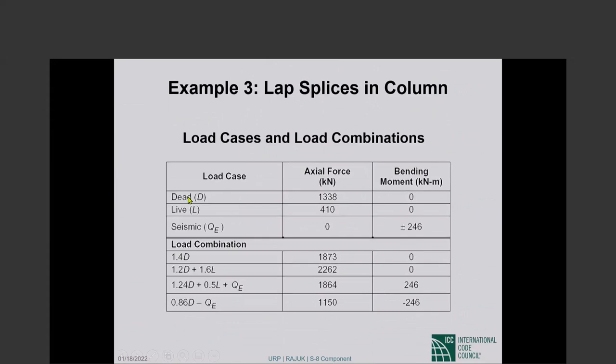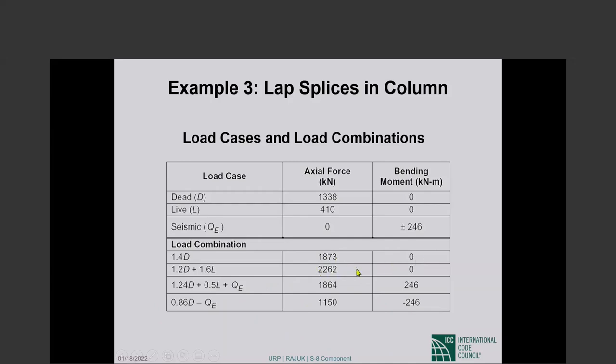There are dead loads, live loads, and seismic loads. Those are the applicable load combinations: 1.4 dead, 1.2 dead, 1.6 live, then the additive seismic load combination and the counteractive seismic load combination. From the different load combinations, we have these combinations of P sub U and M sub U. P sub U of 1873, no bending moment.